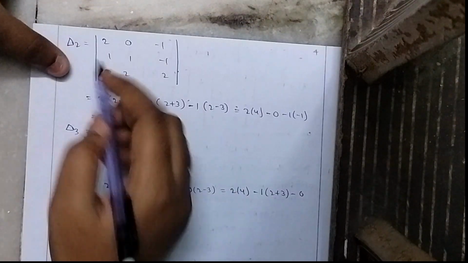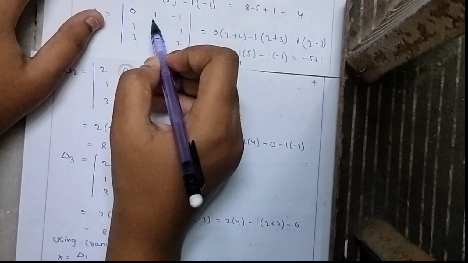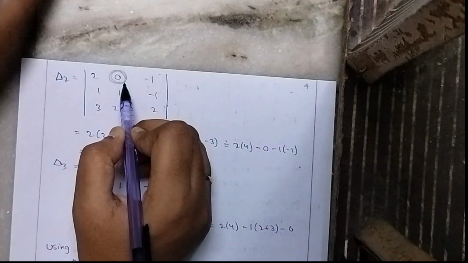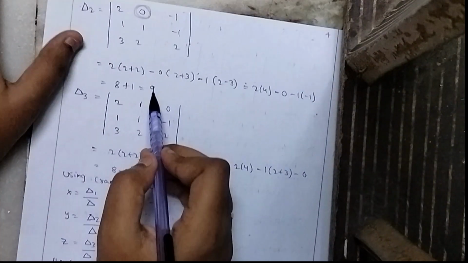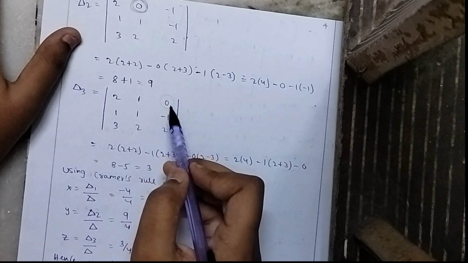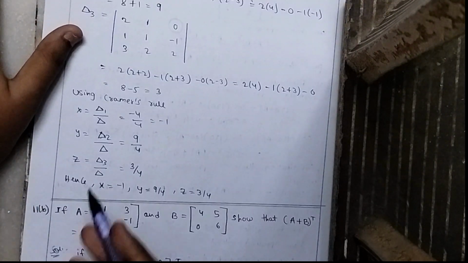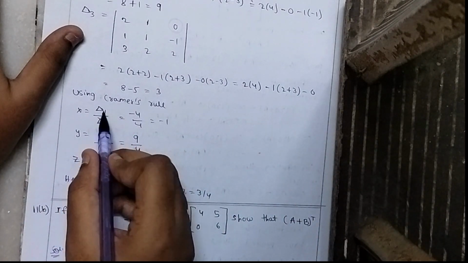And next delta 2, that means substituting in this place, which is 1, it is substituted as 0, then the value of delta 2 is 9, and here substituting 0 in the place of minus 1, the value of delta 3 is 3.